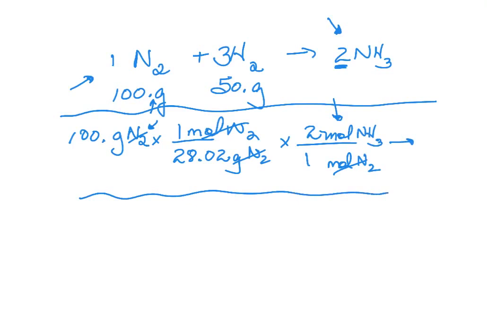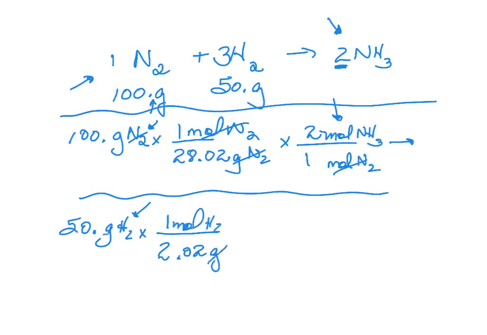Now I'm going to do the same thing for hydrogen, and figure out how much NH3 that 50 grams of hydrogen can make. Hydrogen's another diatomic, so be careful. For its molar mass, I need 2 hydrogen atoms.